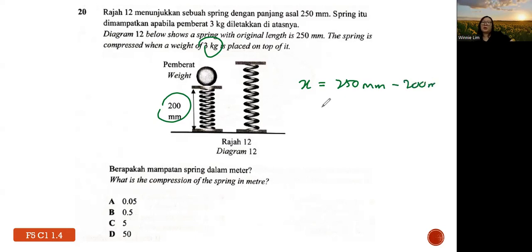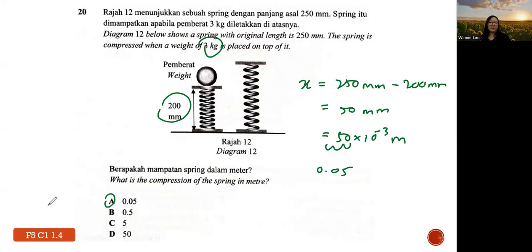Then you get 50 mm. So for information, you need to know what milli means. Milli is 10 to the power negative 3. So 50 times 10 to the power negative 3, basically your answer will be 0.05 meter. So this question is considered direct.